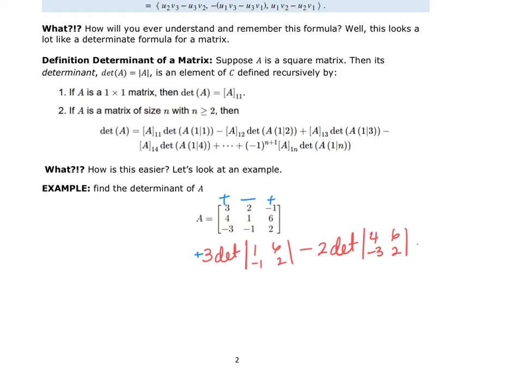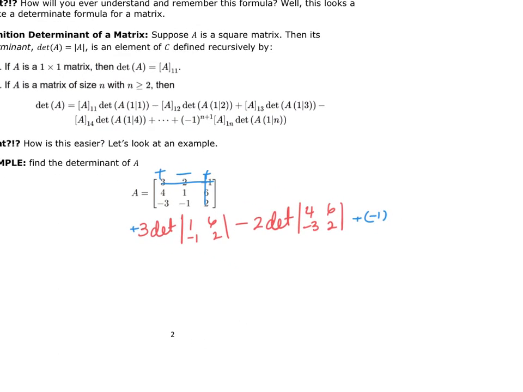And then it's going to be plus, even though it's a negative 1, so it's a negative 1, and we would knock out this row, this column, and then it's the determinant of the smaller matrix, which is 4, 1, negative 3, negative 1.